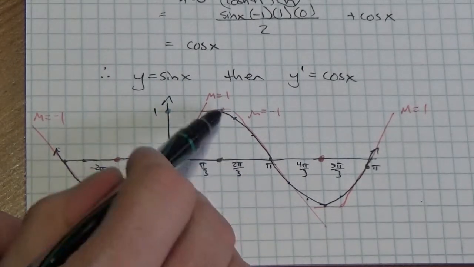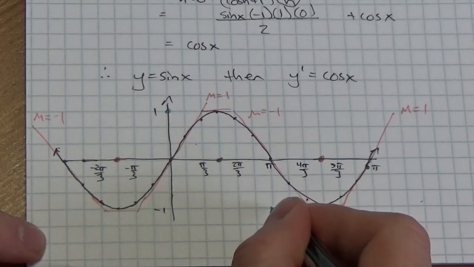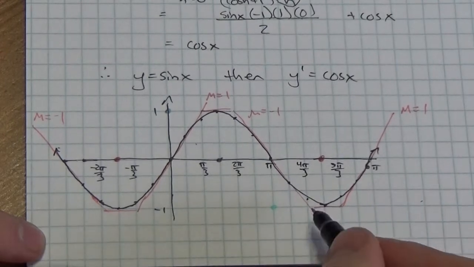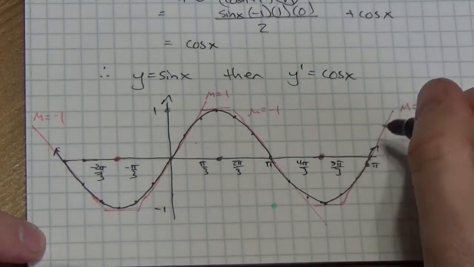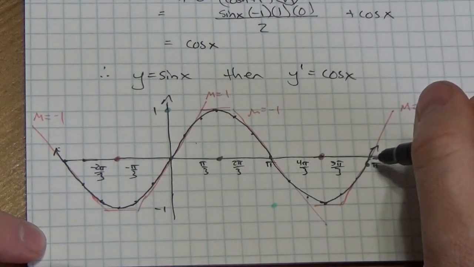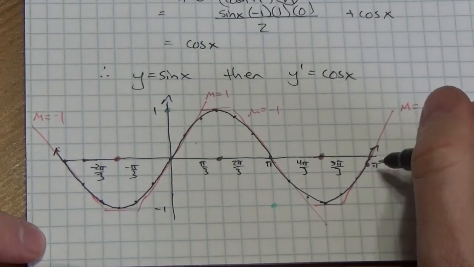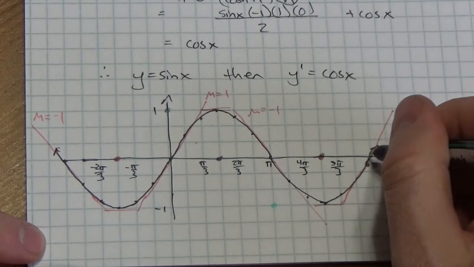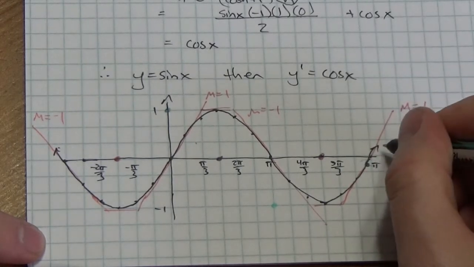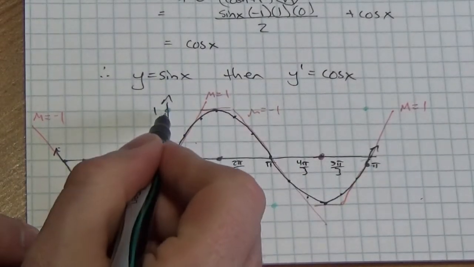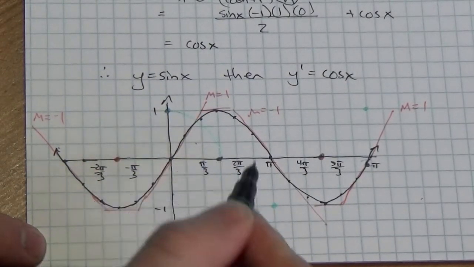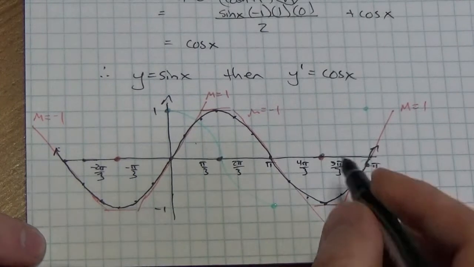And the slope here is -1, which means my derivative will go down here. Then we see that it comes back up, goes through 0. And then when we get out to 6 pi over 3, oh my gosh, that should have been 2 pi, 6 pi over 3, it's going to go back up to 1 here. And so what my graph is going to end up doing is this.